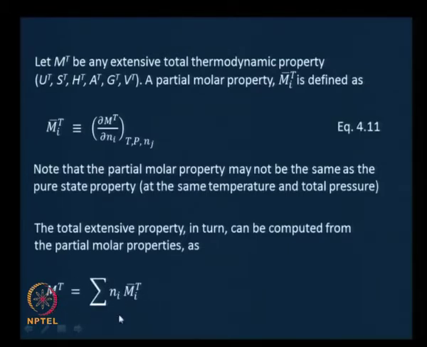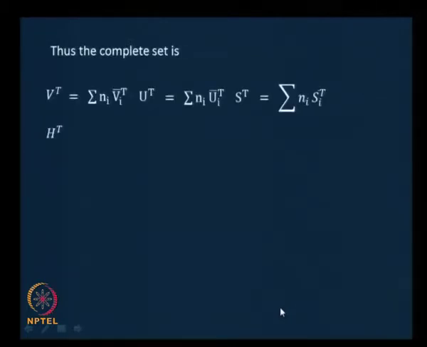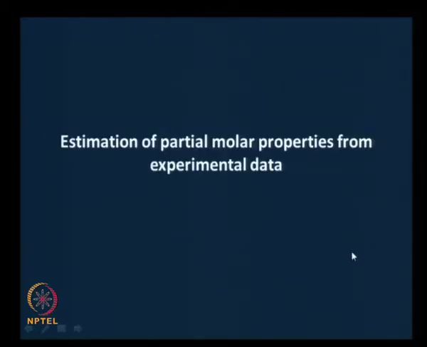This is the reason why we bring about partial molar properties: the total property is nothing but the weighted sum of the partial molar properties, weighted with the number of moles. We had the complete set of partial molar properties here: total volume in terms of the partial molar volume, total internal energy in terms of the partial molar internal energy, and so on, total Gibbs free energy in terms of the partial molar Gibbs free energy.